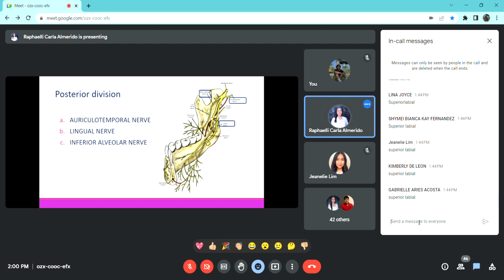We said, ito yung isang anterior division, your long buccal nerve. It innervates your mandibular molars. And then, on the lingual surface, ang mga ina-anesthetize will be your lingual nerve and your inferior alveolar nerve. So, tatlo. Okay? When you're extracting a posterior molar.